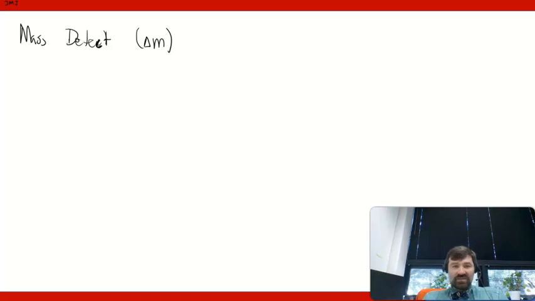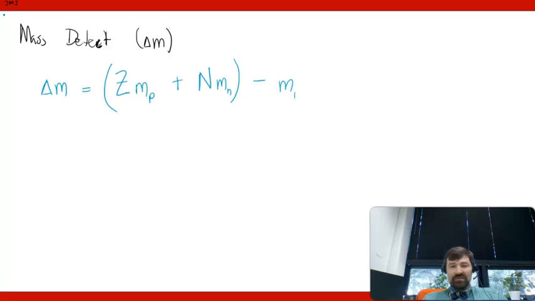So the equation for this is delta M equals Z, the number of protons, times the mass of a proton, plus N times the mass of a neutron, minus M total. We'll call it M total so we're not confusing it with M neutron.